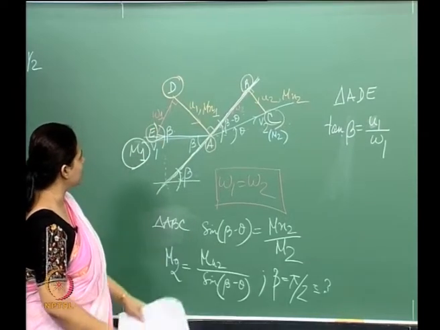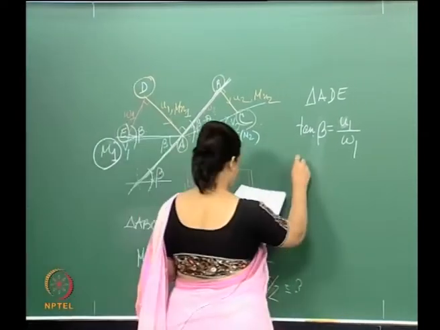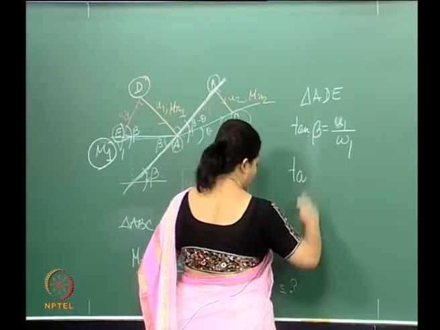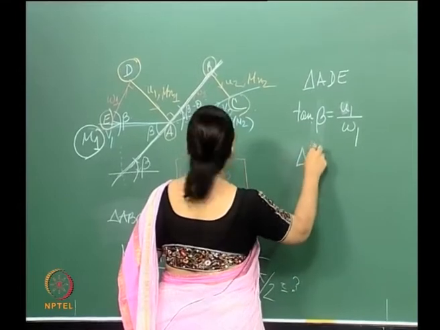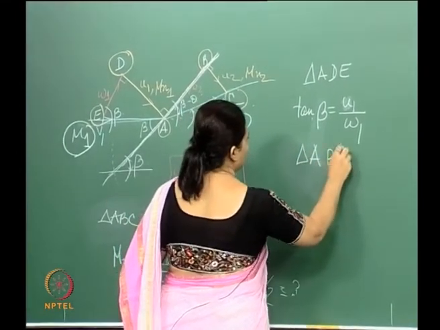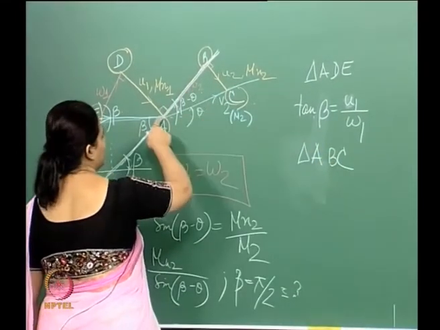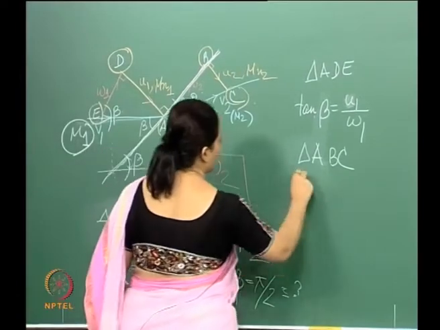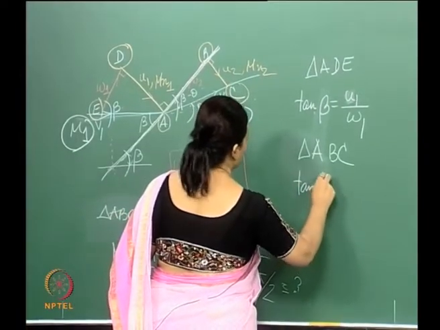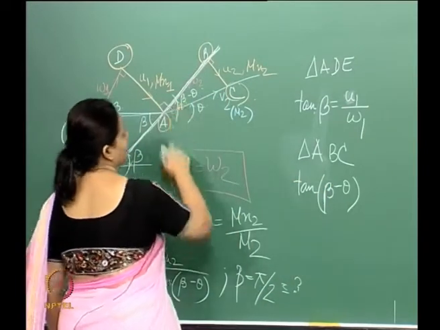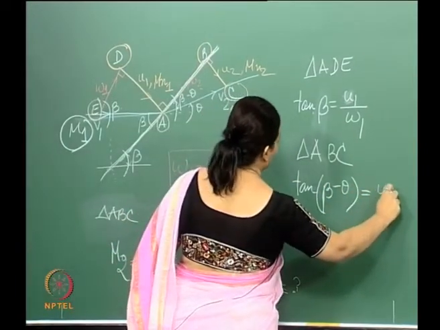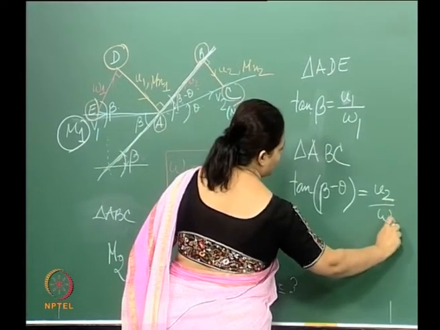And again, similarly, now we look at this triangle A, B, C. So then what we get is tan of beta minus theta is equal to U2 by W2.